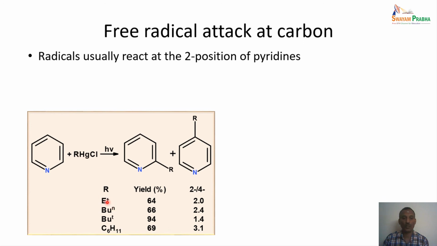When the R groups are ethyl, n-butyl, tertiary butyl or cyclohexyl, we have different yields of the product, and when we compare the 2 to 4 ratio, the cyclohexyl derivative gives the maximum 2 to 4 ratio of 3.1, and the tertiary butyl gives the minimum of 1.4. So that means both the products are formed under photochemical conditions.